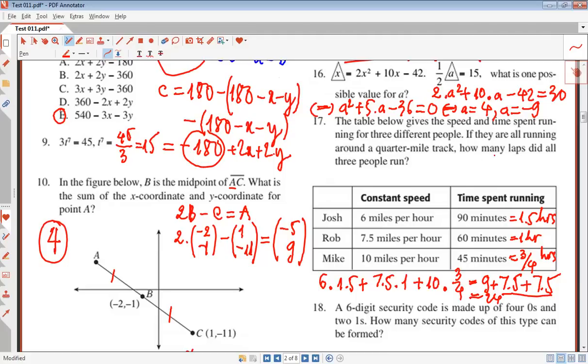And to find the number of laps, we just take the total number of miles multiplied by number 4. 24 times 4 is 96. The final result is 96 laps.